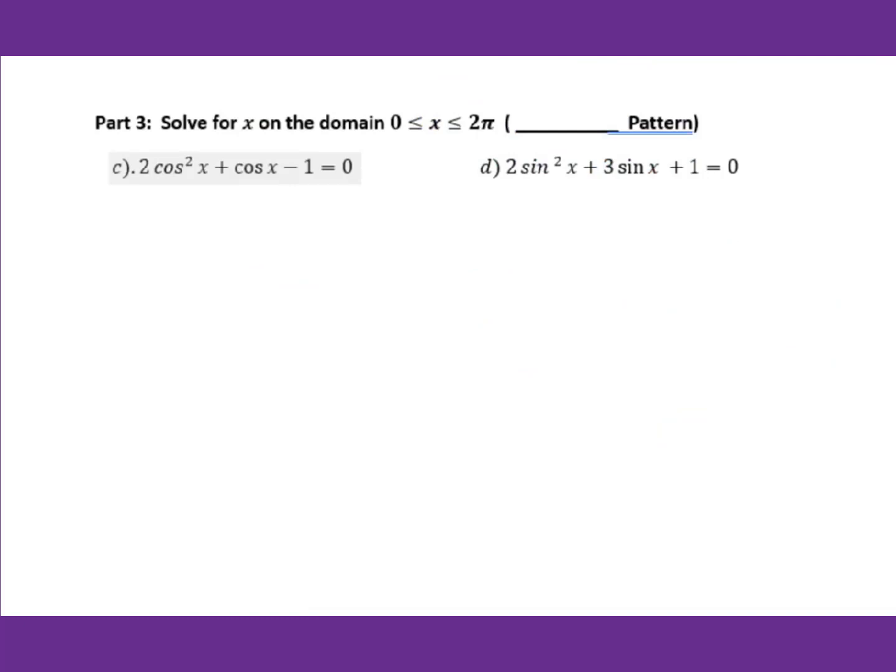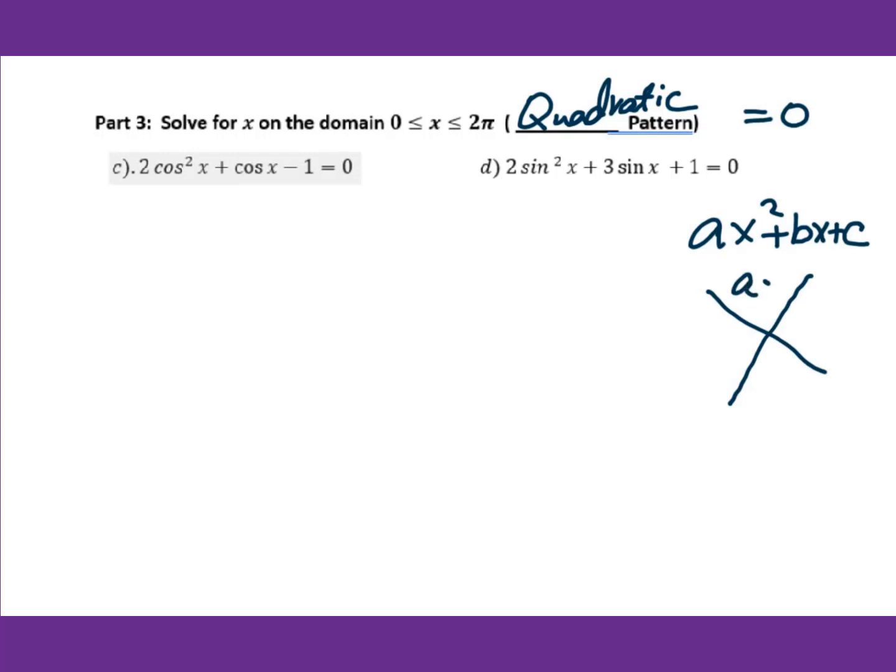We check the pattern, still a quadratic pattern. Make sure it's in equal to 0 form. This is an ax squared plus bx plus c pattern. Therefore, using the ninja method, you will get 2 times negative 1 is negative 2.